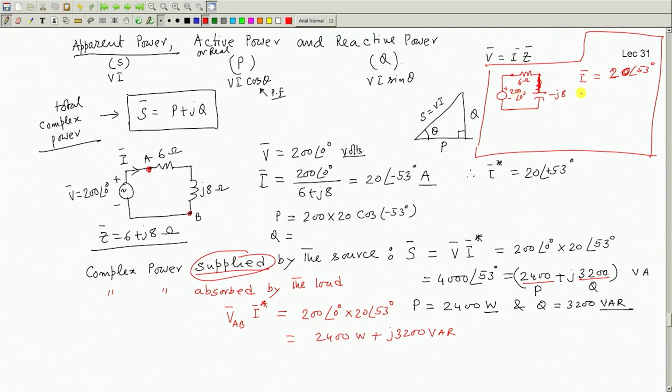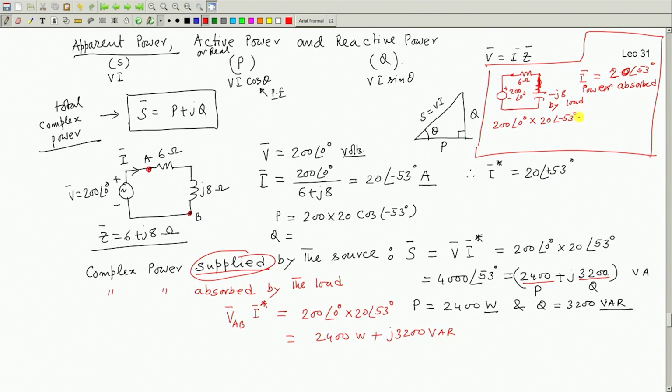Now, if you calculate the power absorbed by the load, it will be voltage at 0 degree into current conjugate, 20 angle minus 53 degree.